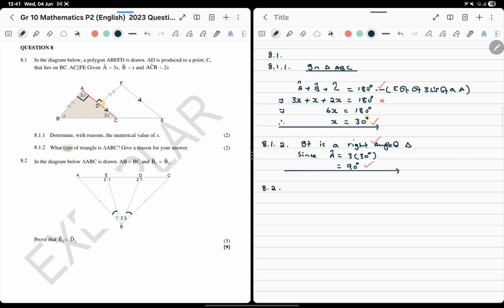Now we need to prove that E1 is equal to D2. Okay, so this is to prove that EDB, or BED, or BDE is an isosceles triangle.